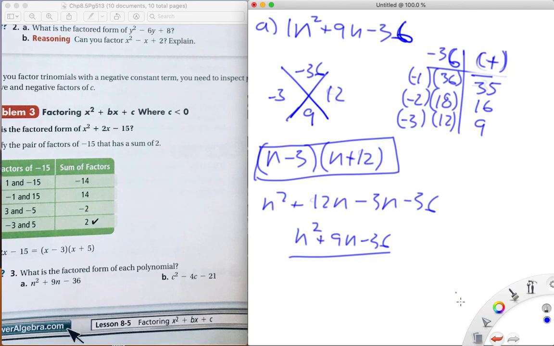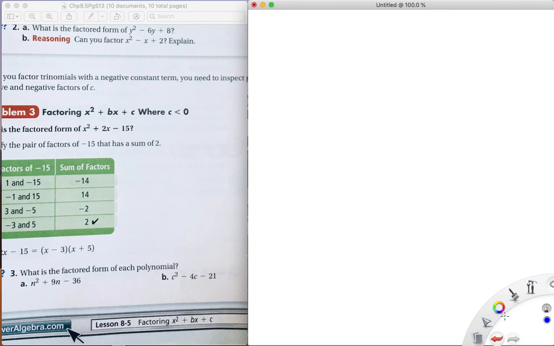They give us another one, which is B, which is c squared minus 4c minus 21.